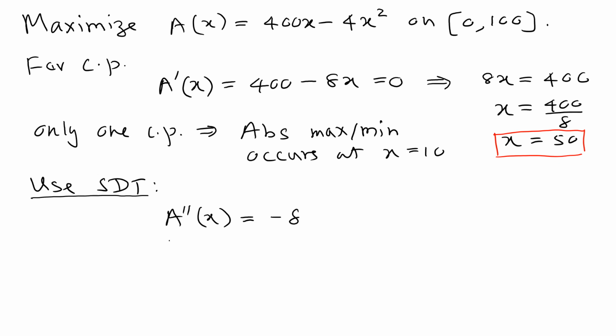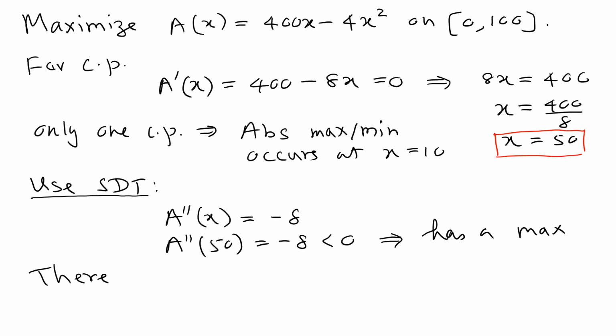So at the critical point, 50, you get -8, which is negative. By the second derivative test, a negative second derivative means it has a maximum. We know that should be the absolute maximum then. So there is an absolute maximum at x equals 50.